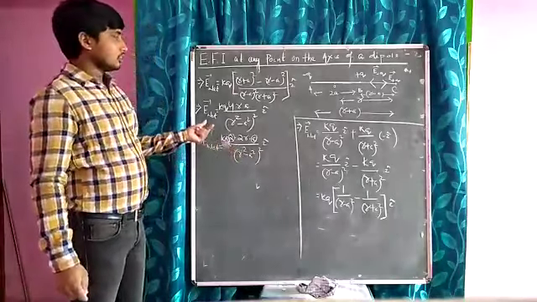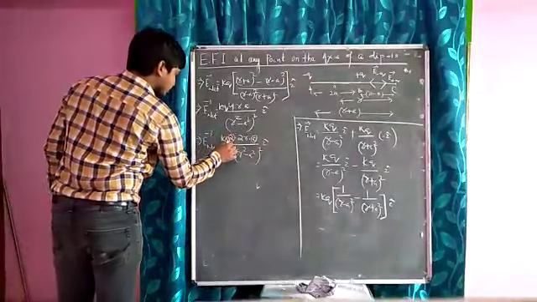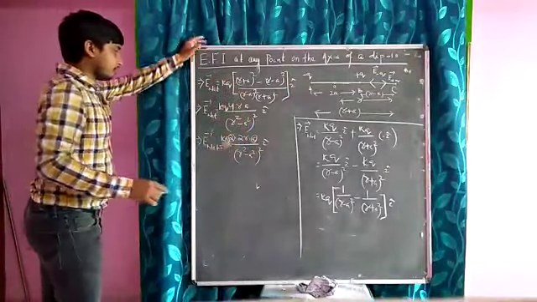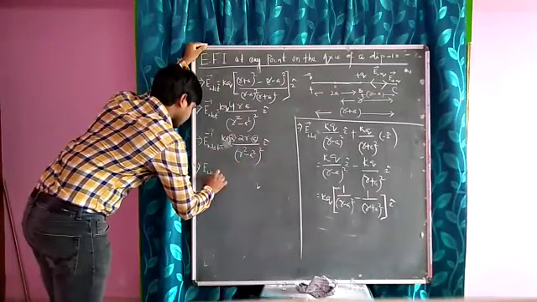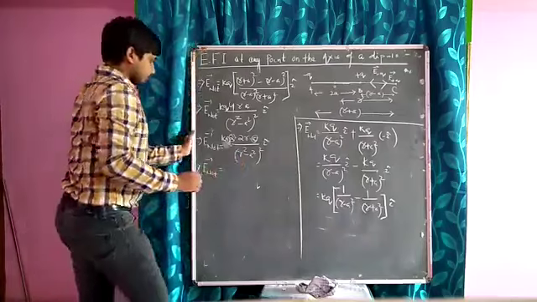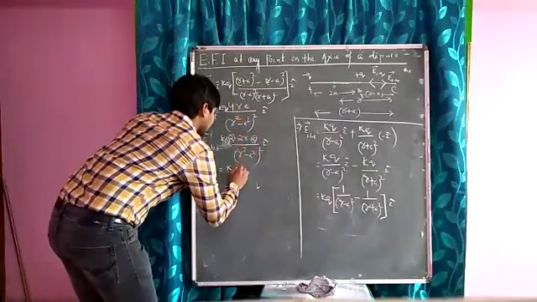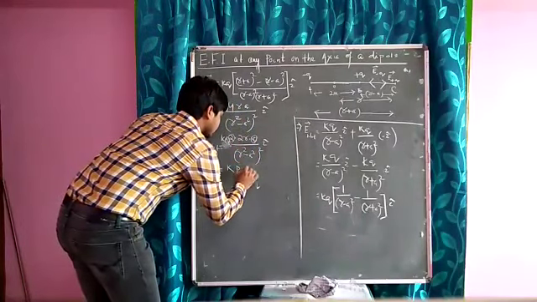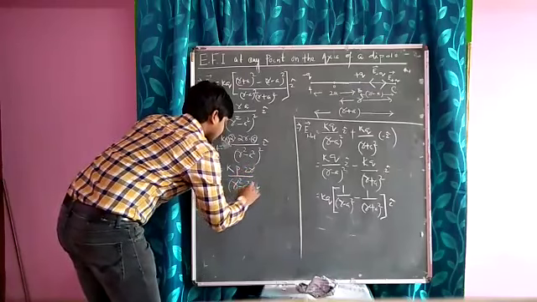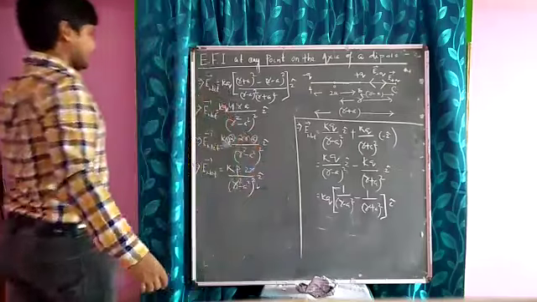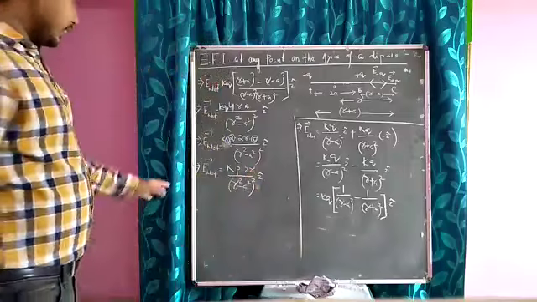P equal to how much? Q into 2A, already I have defined. So that's why I can write this Q2A as P vector. So I will write our E net is equal to K into 2Q into A, which is our P, into 2R divided by R square minus A square whole square into I cap. Is it clear?